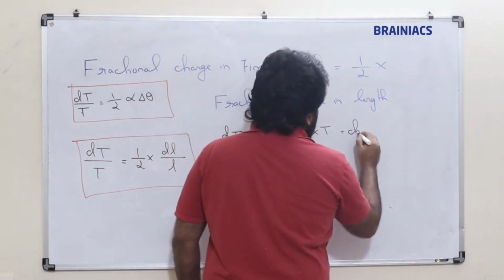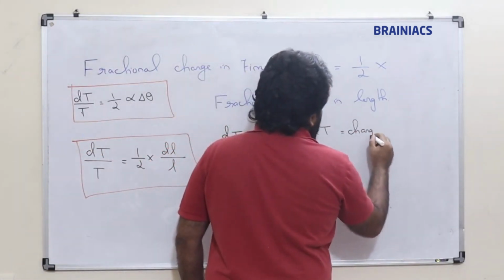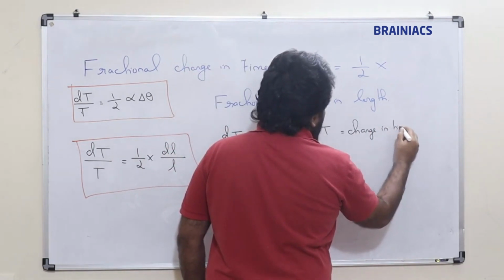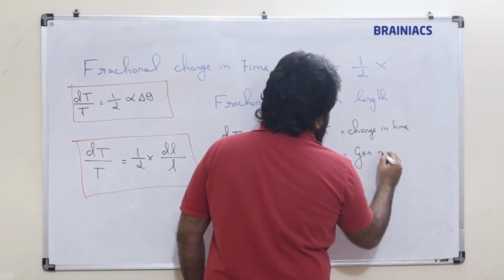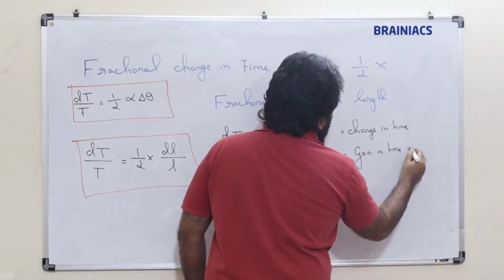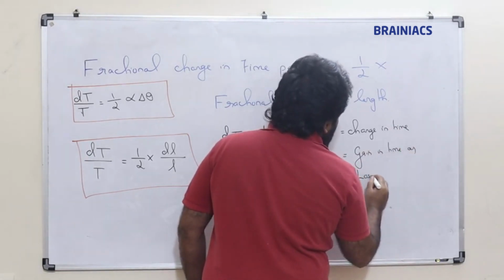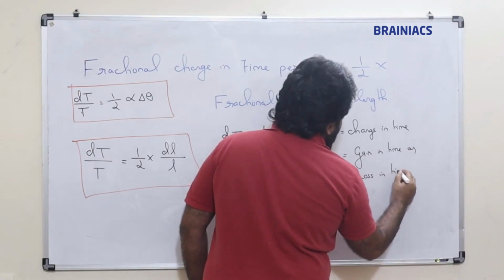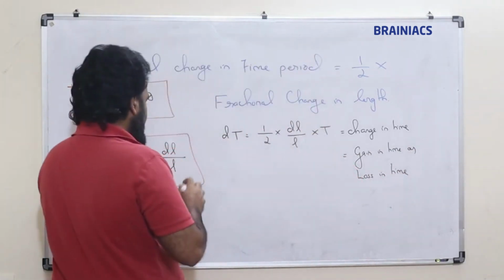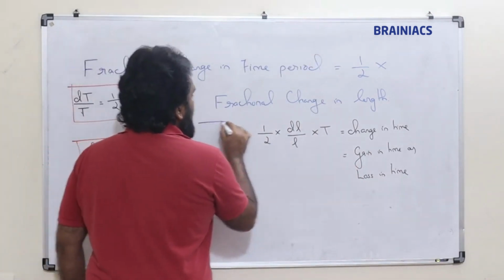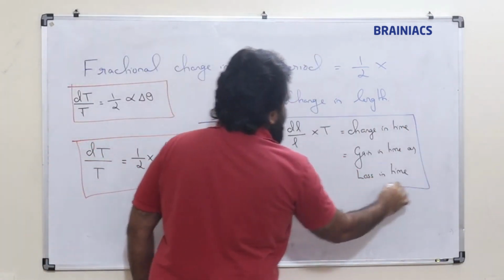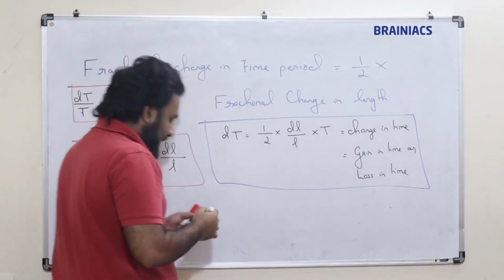This could be gain in time or loss in time. If a time is given, like for 1 hour, how much is the loss in time or how much is the gain in time?